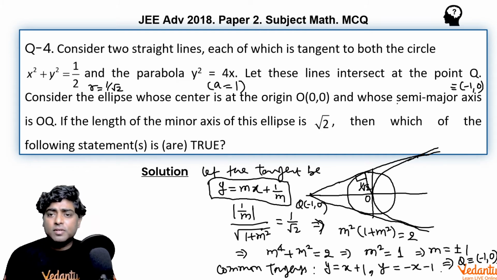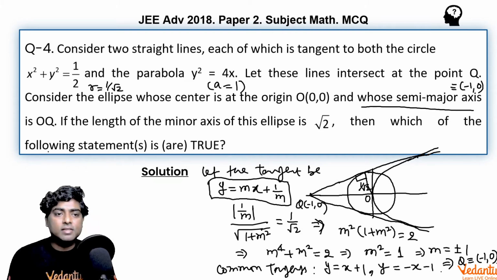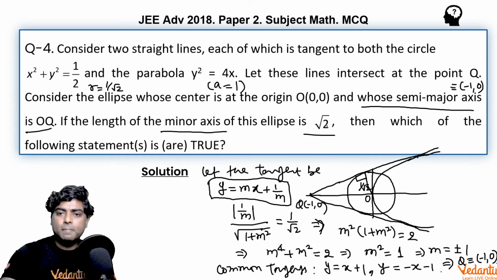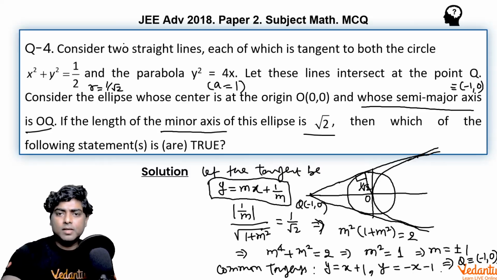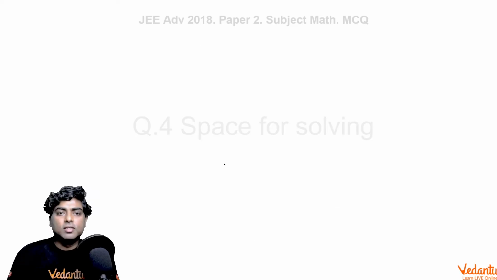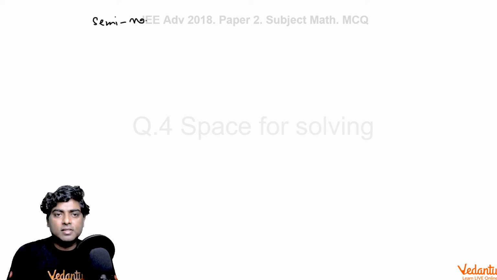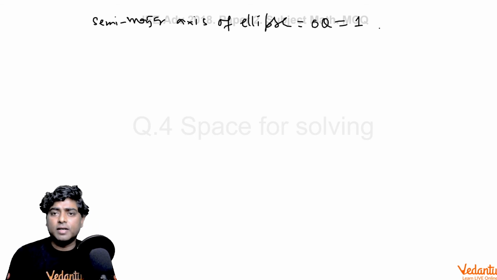So the length of the semi-major axis is OQ. Finally, if we talk about the ellipse, the length of the minor axis is root 2. The semi-major axis with respect to the ellipse is OQ, and OQ was coming to be 1.